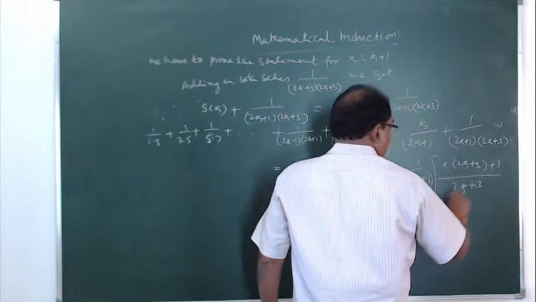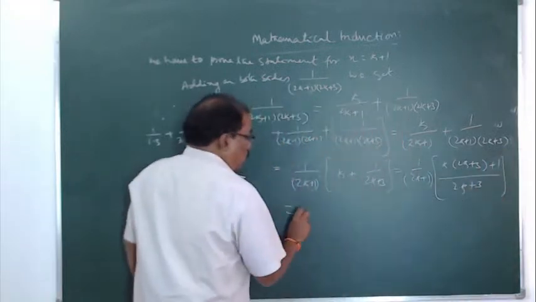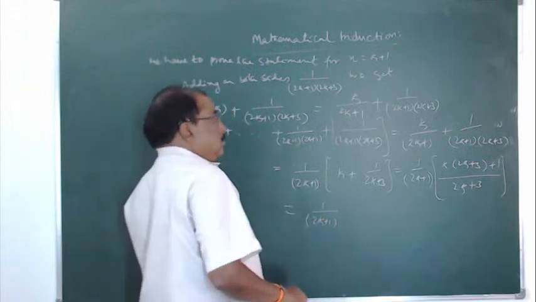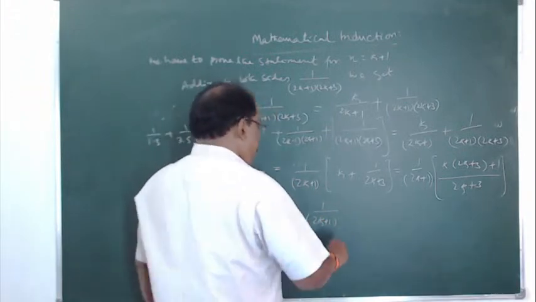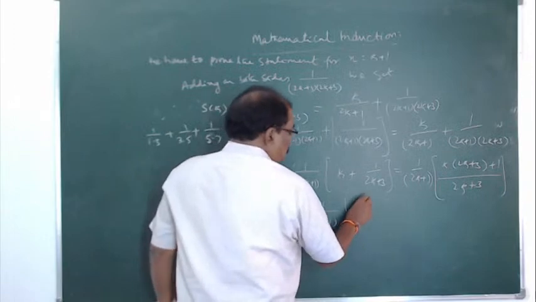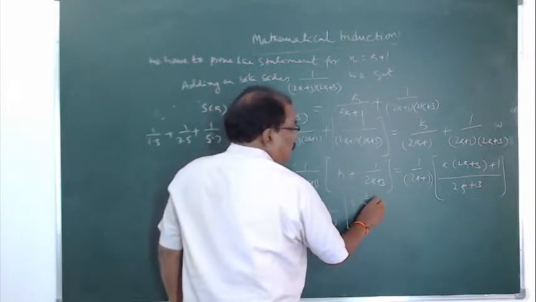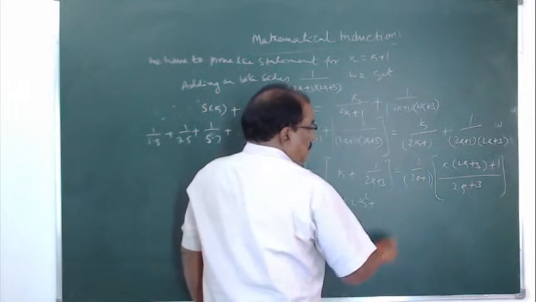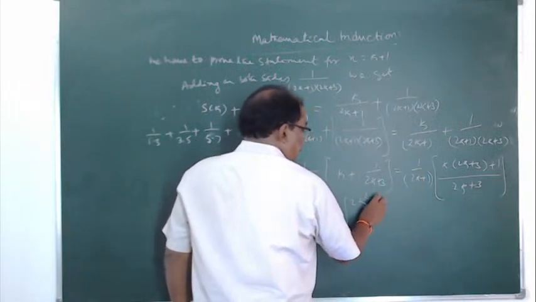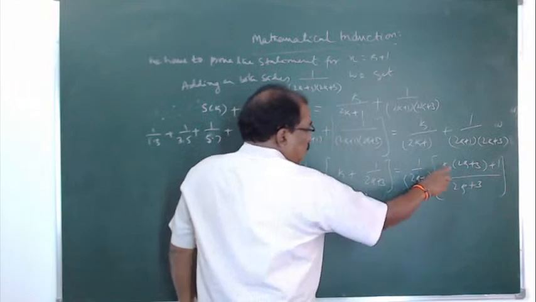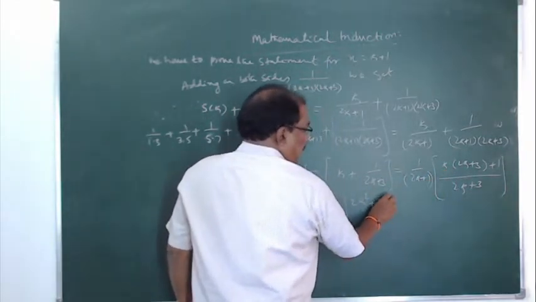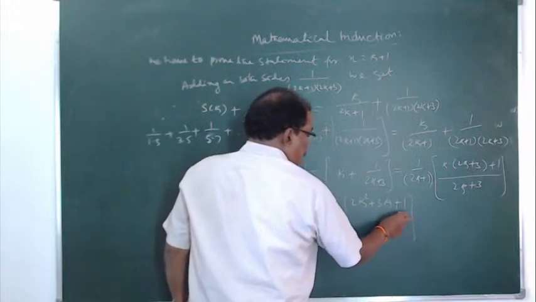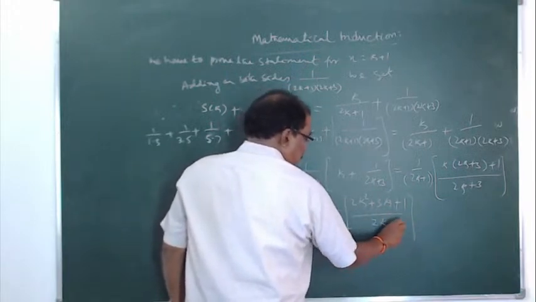This is equal to 1 by (2k plus 1) into (2k square plus 3k plus 1) by (2k plus 3).